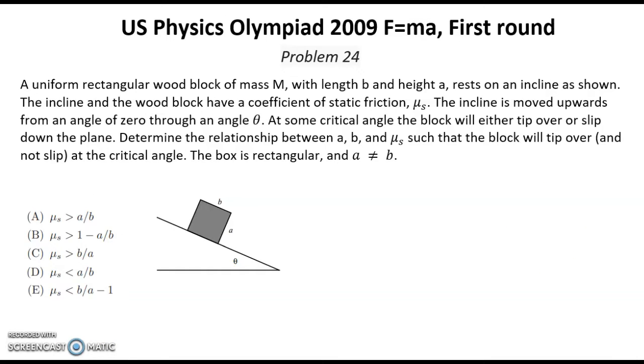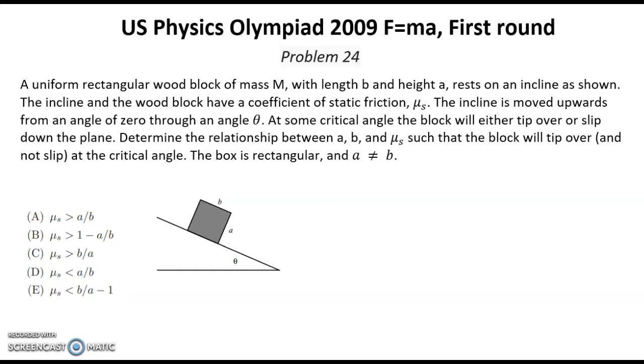Problem number 24. A uniform rectangular wood block of mass M with a length b and a height a rests on an incline as shown. The incline and the wood block have a coefficient of static friction mu s. The incline is moved upwards from an angle of 0 through an angle theta.